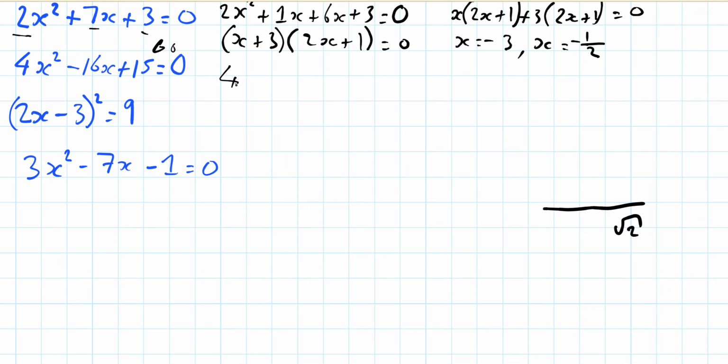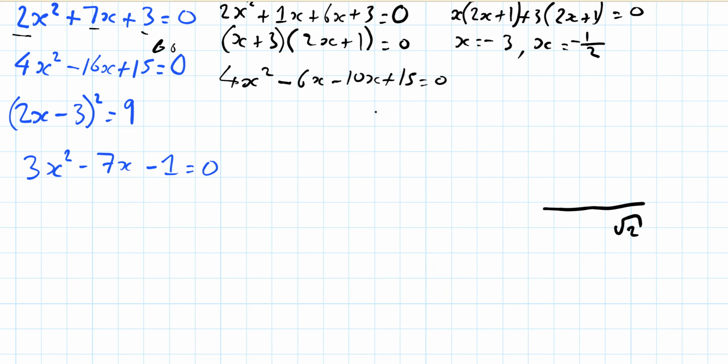So we have 4x squared and we need minus 16, and we need a positive 60. So minus 6x plus minus 10x plus 15 equals 0, and we put that into our brackets.